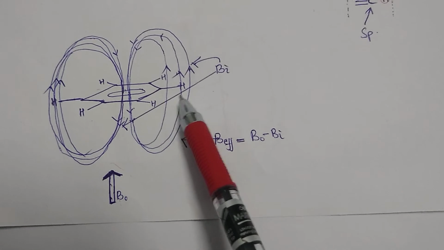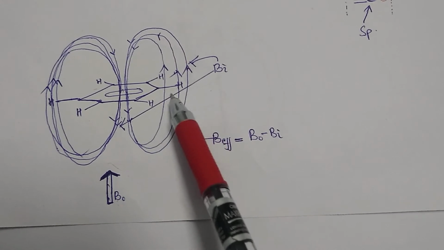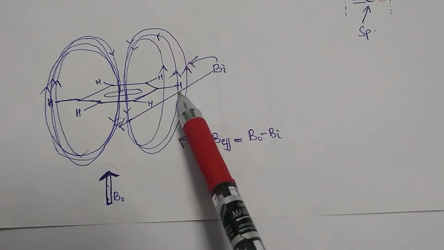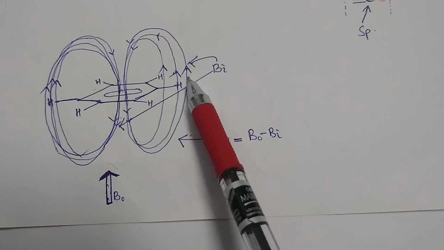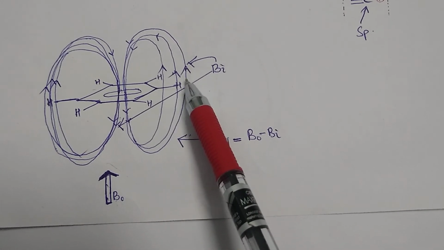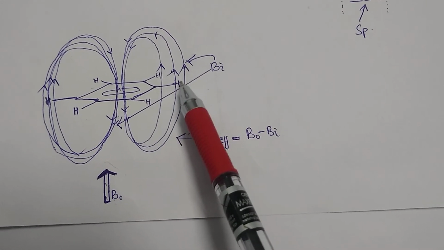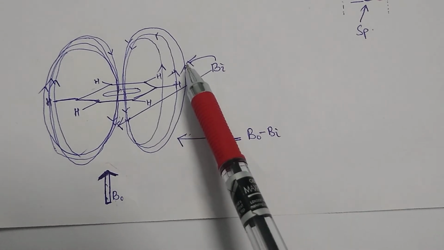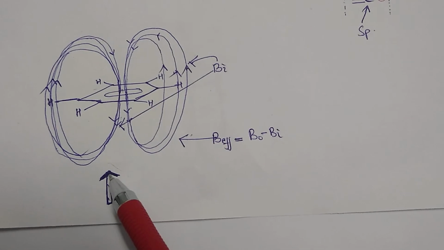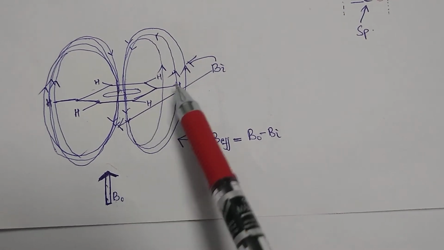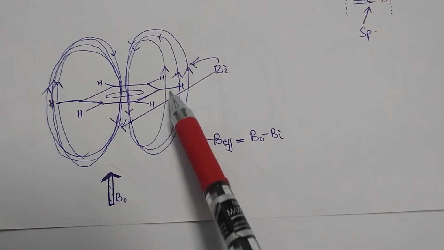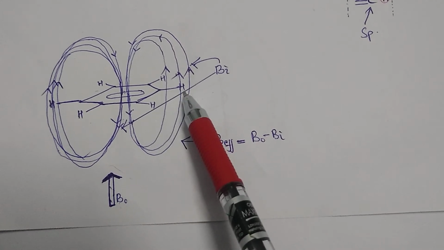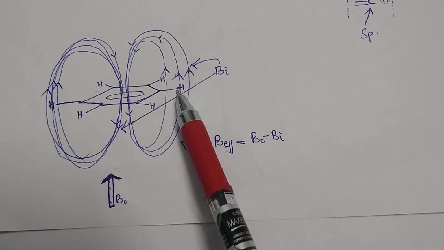The effective magnetic field at this proton, due to the overlap, will be high. That is, adding the induced magnetic field to the applied magnetic field gives the effective magnetic field for this proton. So this proton will resonate at higher frequency.